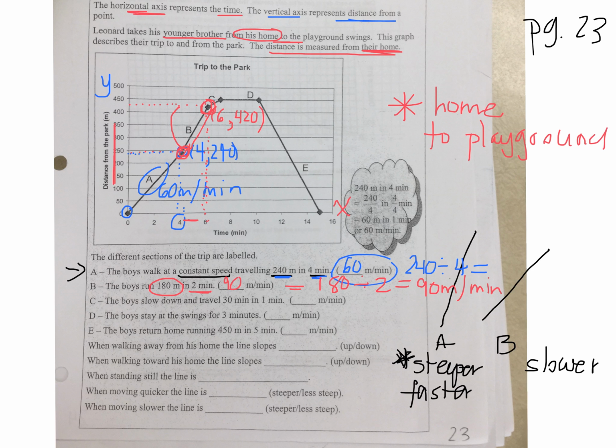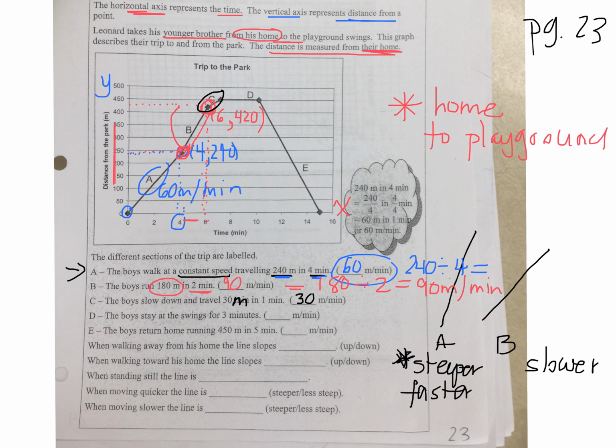It should say 30 meters in 1 minute. So the rate here is 30 meters per minute. Is section C slower or faster than section B?